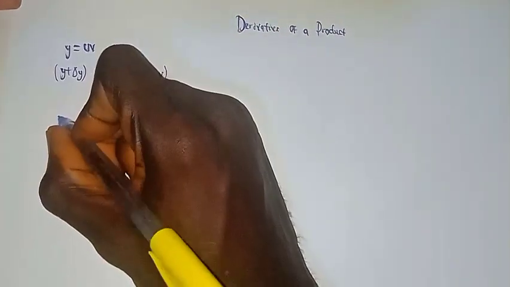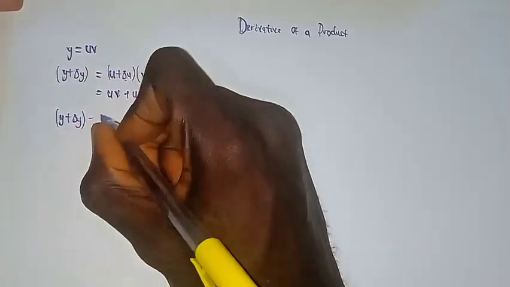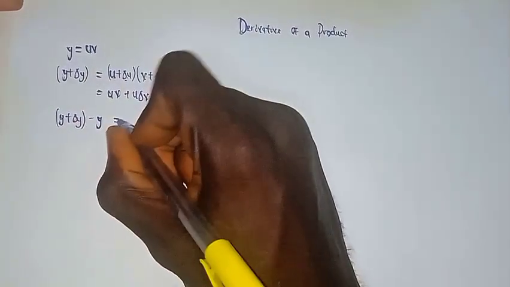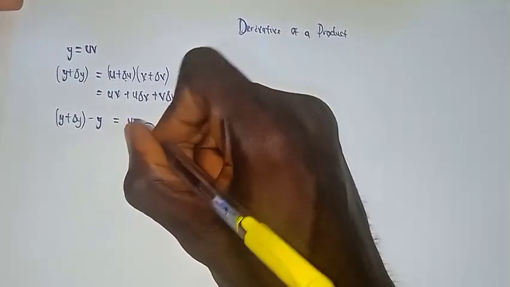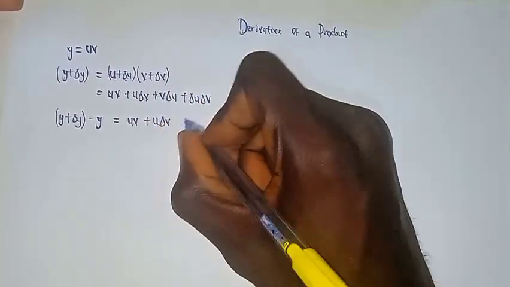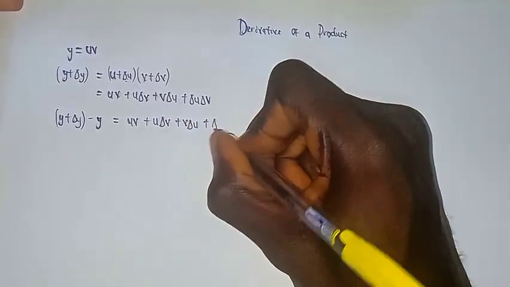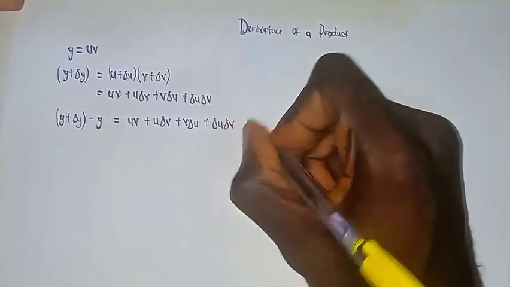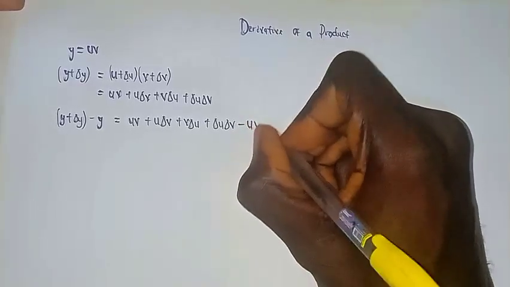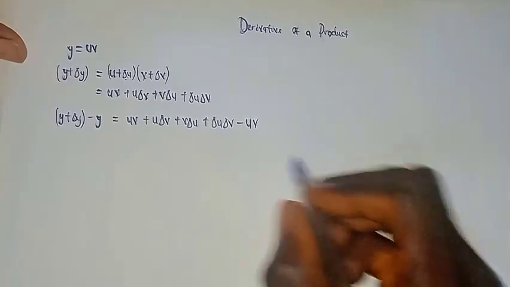Now let's subtract y from both sides of the equation. So we have that y plus delta y minus y be equal to uv plus u delta v plus v delta u plus delta u delta v minus uv, which is y, right? So some things will cancel out here.